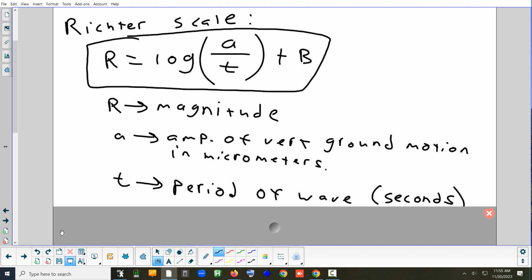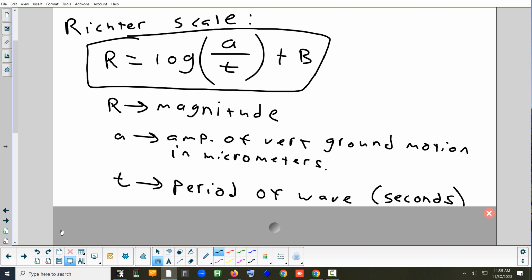And T is what we call the period of the wave, the earthquake wave. If you imagine standing at the beach, a wave comes in every so often, maybe every 40 seconds or something, that's called the period of the wave.